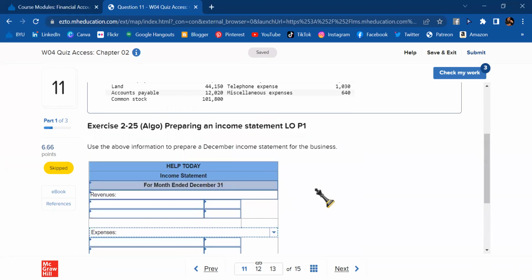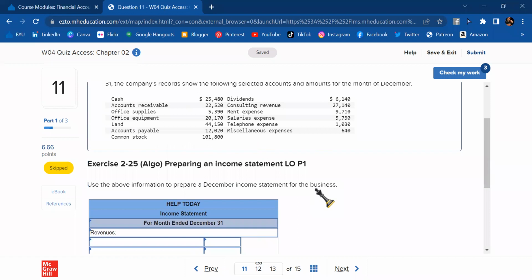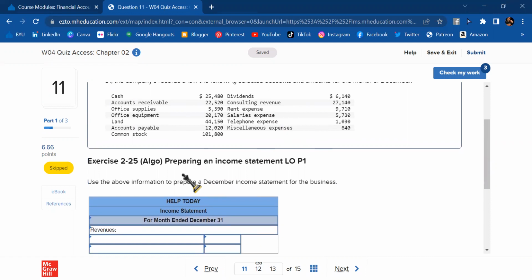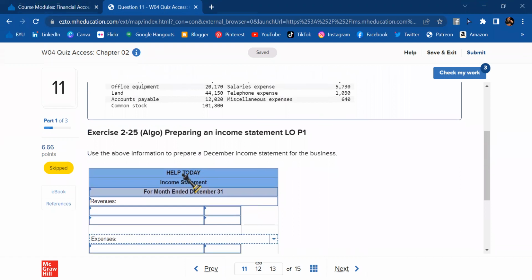Looking up here at what our revenues are, we've got consulting revenue right there, and that looks like the only one.